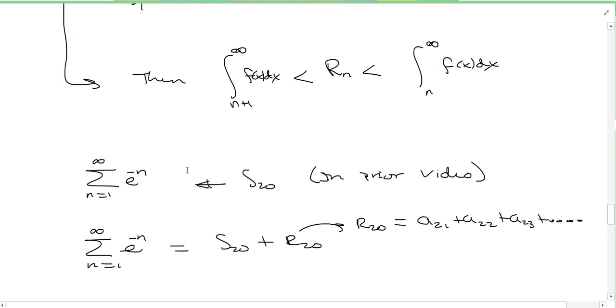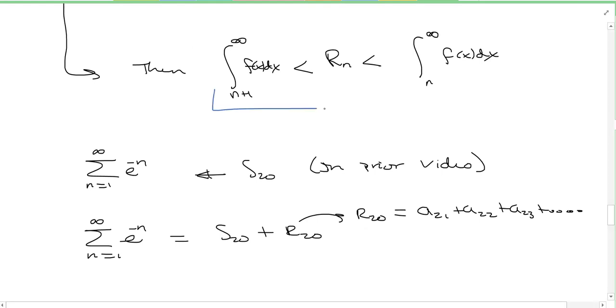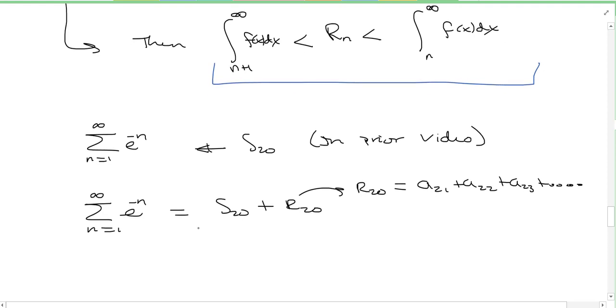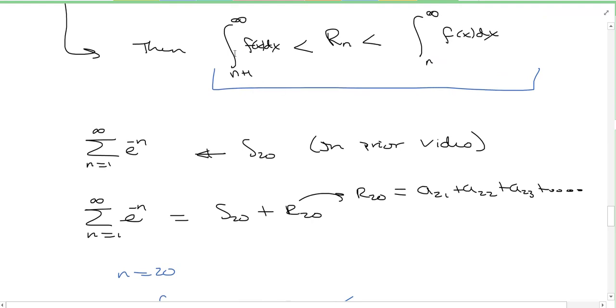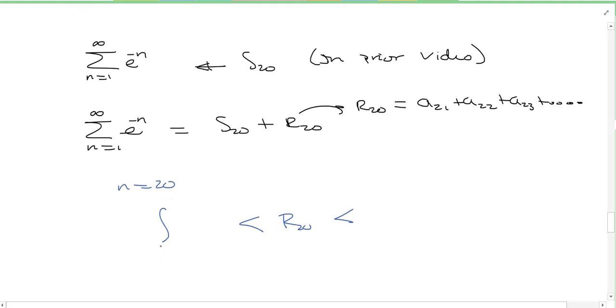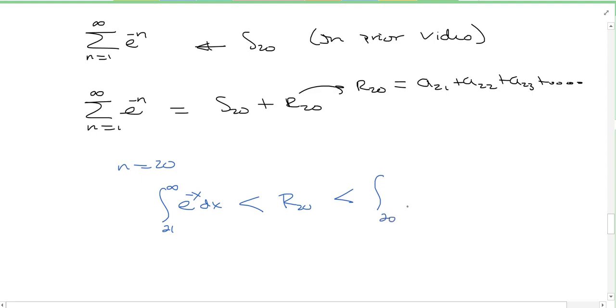So can we bound the remainder? Based on this formula that we would like to remember, with n equal to 20, R20 is bounded below by the integral from n plus 1 to infinity, so from 21 to infinity of e to the minus x dx, and above by the integral from n to infinity, so 20 to infinity of e to the minus x dx.